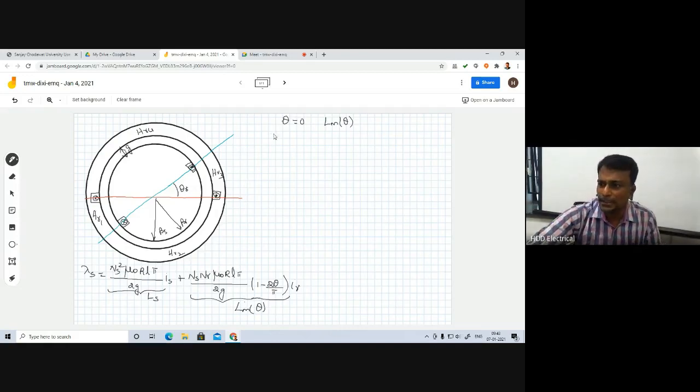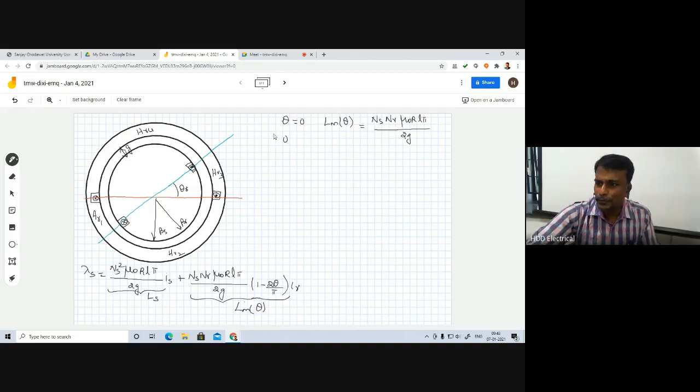So Lm of theta: when theta is 0, we have Ns Nr mu naught r l pi divided by 2g.